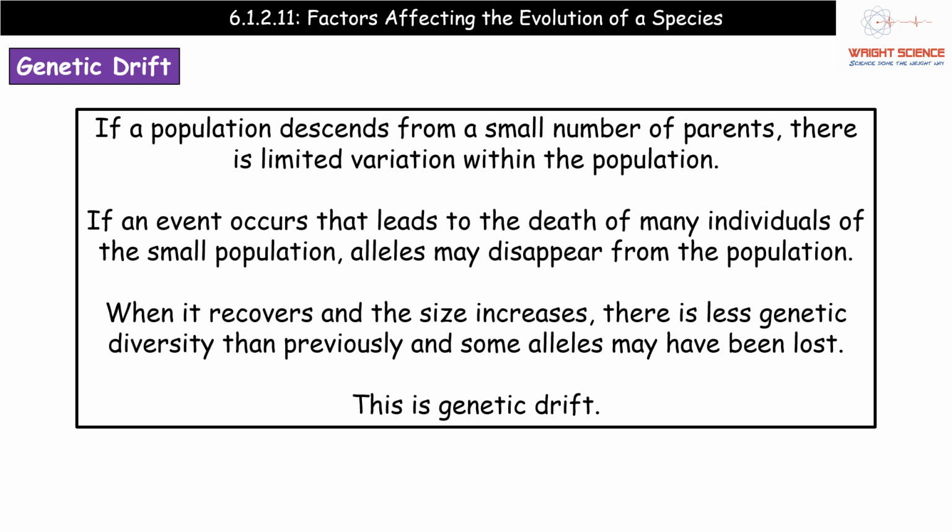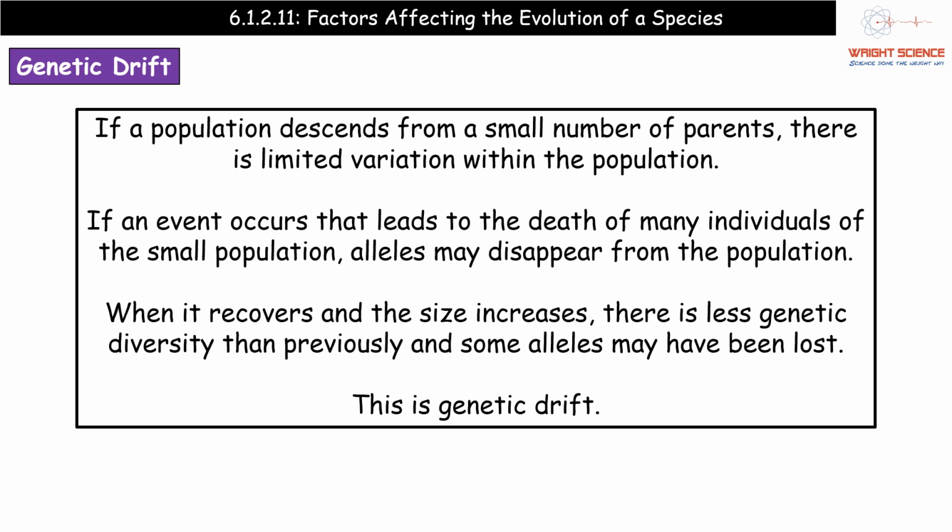If something occurs that leads to the death of many of that population, we could actually lose alleles altogether. So if we've only got a small number of organisms within a total population, they've all descended from a small number of parents, then one catastrophic event that kills off a significant number of our population means we could lose those alleles for good from the population.